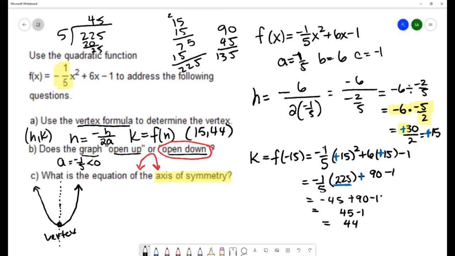And it's a vertical line, and the equation of a vertical line is always x equals. And we're going to use that x coordinate from the vertex because the symmetry is around the vertex. So our vertical line, which is the axis of symmetry, is x equals 15.